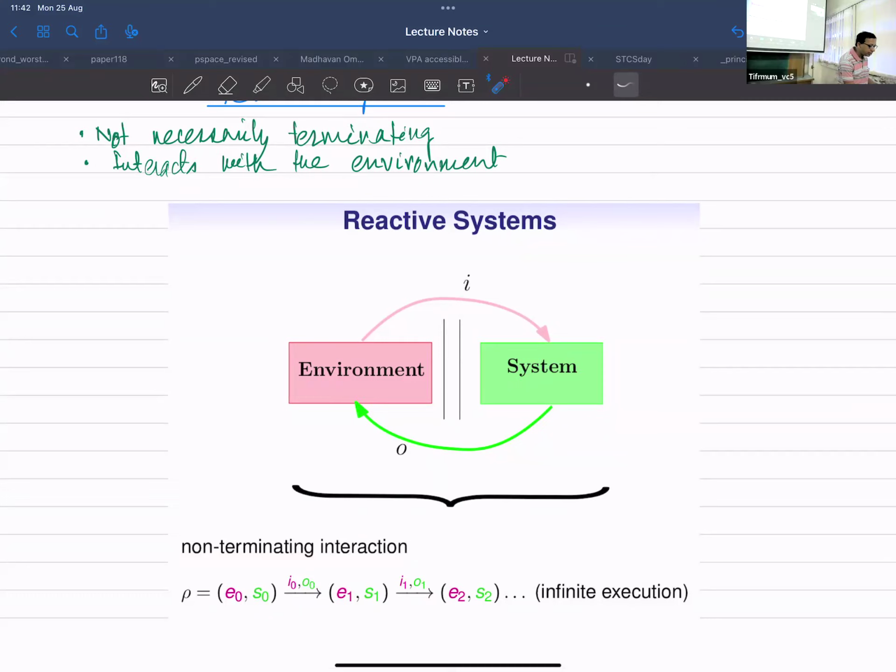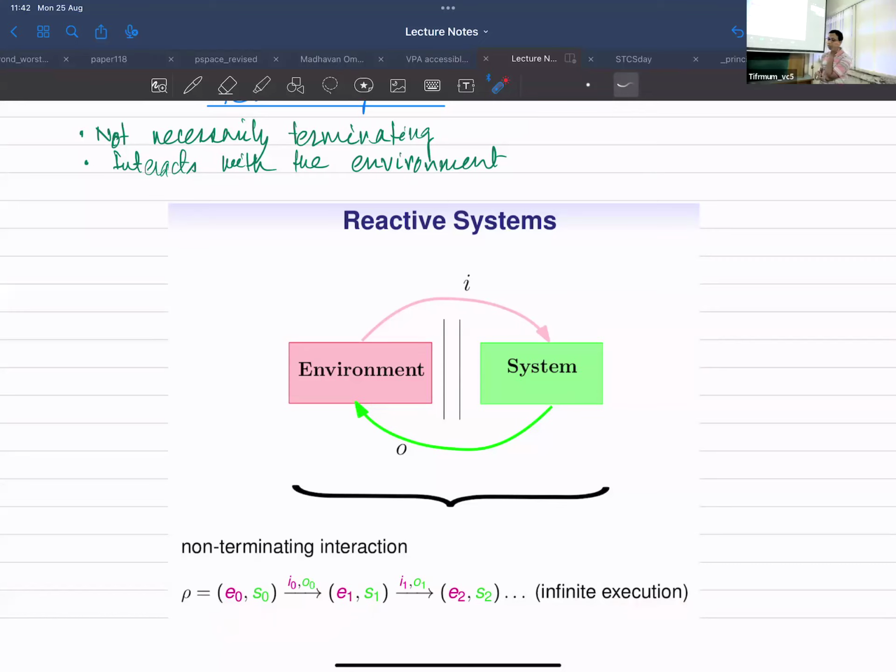As I was saying, there is this environment, there is this system, and the environment sends an input I, and the system reacts to the input. It continues forever. So you have I0, then the state of the environment evolves from E0 to E1, and the state of the system evolves from S0 to S1, and so on. It's an infinite execution.